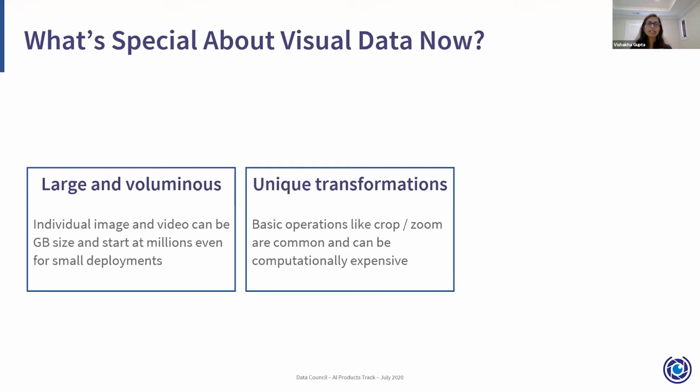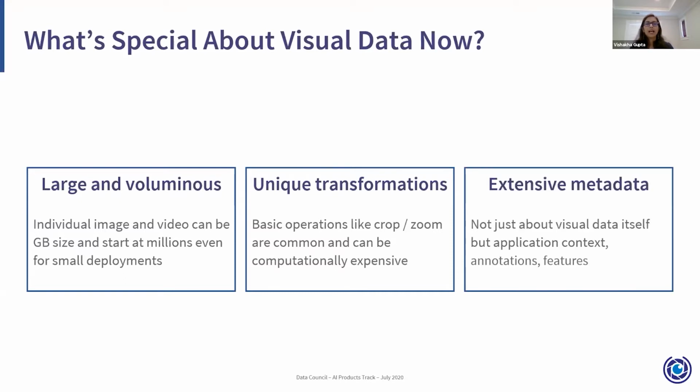So it's the complexity of operations that is quite unique in this case. Then visual data is also typically accompanied by a lot of metadata, because the metadata doesn't just contain information about the visual object itself, but also about the surrounding application, maybe annotations, maybe features describing the contents, and so on.